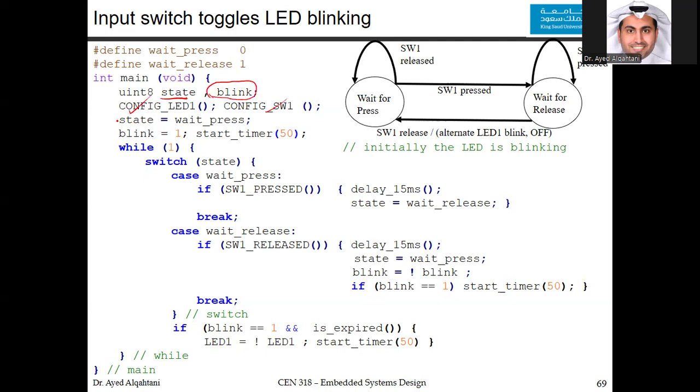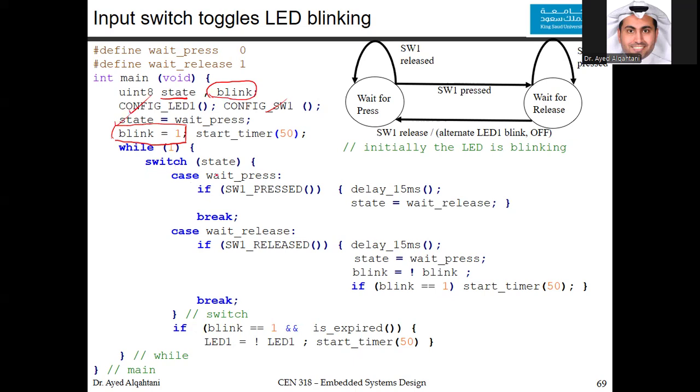They start with one state, and you choose the first one to be the blinking state. So blink equals 1, and you start the timer for 50 milliseconds. Now, while forever, while 1, if nobody presses the switch, then you will be in the blinking state.